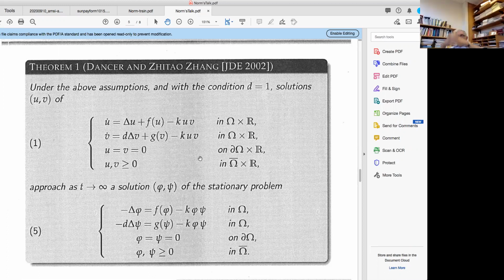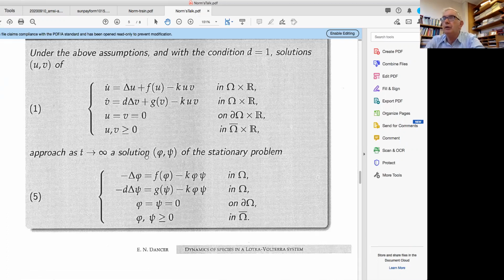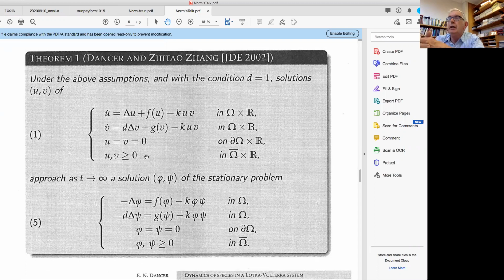No, they can't vanish on solid pieces inside, because they can vanish on curves, but not on solid pieces, because you can use the theory of linear equations to stop that. Remember, if U equals V equals 0 on the boundary, and they vanished on a sizable piece inside, say of positive area, then theorems say the whole solution must vanish everywhere.